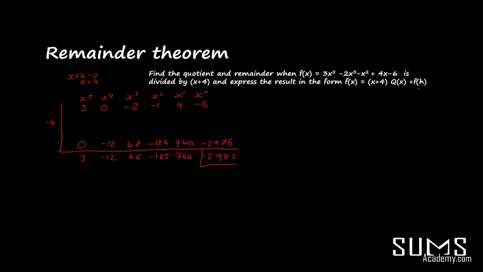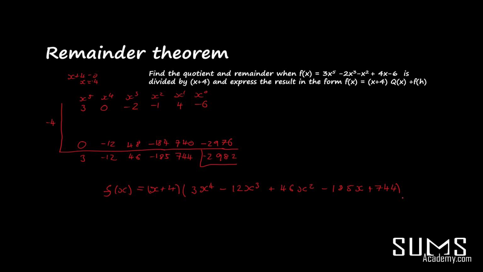Okay, so going back to the question, express it in the form f of x equal to x plus 4 times the quotient plus the remainder. So this is going to look like this: f of x equals x plus 4 times, and remember that the quotient has dropped one order, so this is going to be 3x to the 4 minus 12x cubed plus 46x squared minus 185x plus 744.